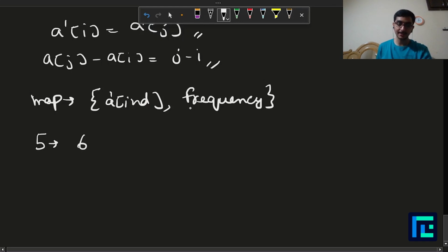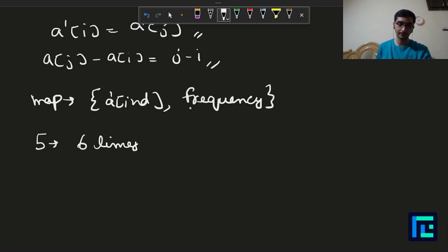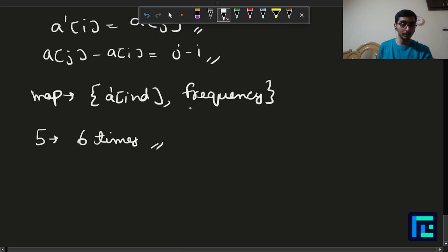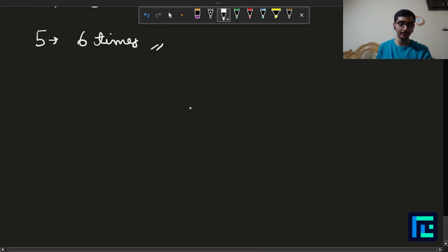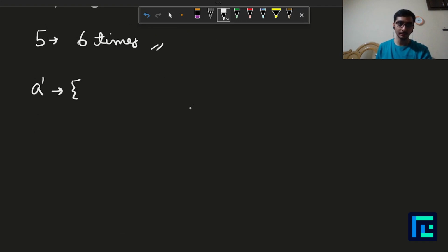So let's say a value, imagine 5, occurred 6 times. Or even a simpler approach, let's assume A dash is the array 5, 5, 5, 5, 5, 5. So you can see there are 6 fives in this array. This is A dash, right?